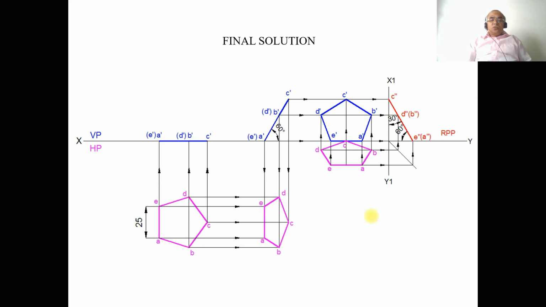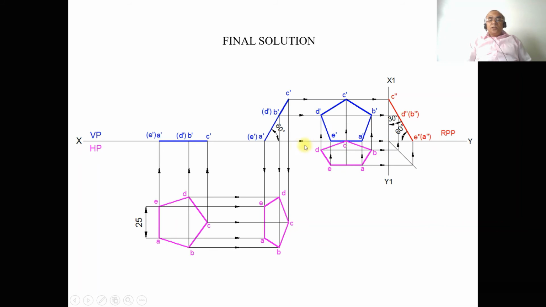So to do that, reproduce the second position top view by rotating by an angle of 90 degrees in counterclockwise direction only. You cannot rotate in clockwise, because if you rotate in clockwise, then AE is going to be resting on the XY line.